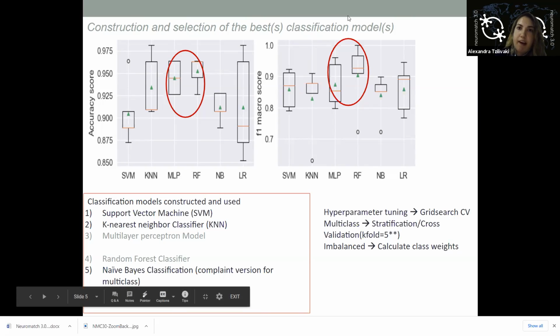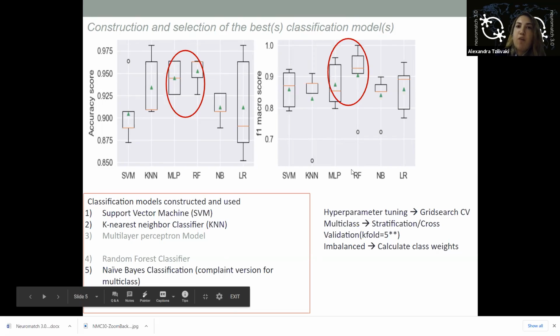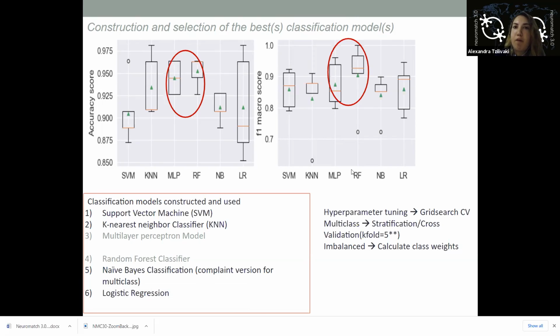So as you see here, we train and test all the models. Here you can see two representative performance metric scores. The first is the well-known accuracy score, and the second one is the F1 score, which is mostly used for multi-class and imbalanced datasets.